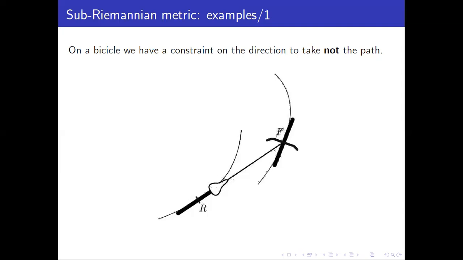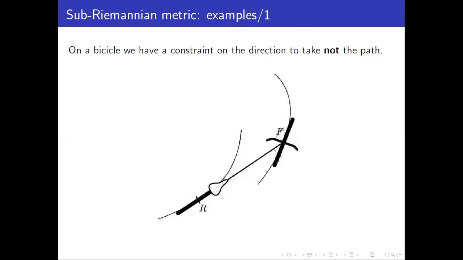Okay. As it turns out, the plane, which is the plane of the image, the plane of our retina, the plane of our V1, is subject to a differential constraint, exactly as a bicycle. What is it? It is the direction of the tangent to the contour. And the geometry that you get is the geometry of the bicycle path.